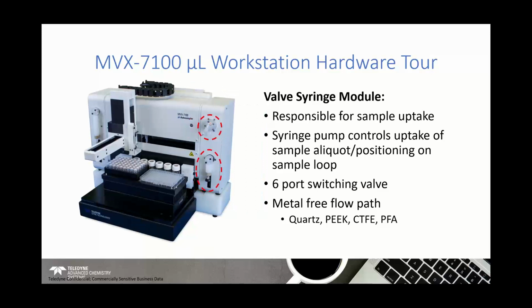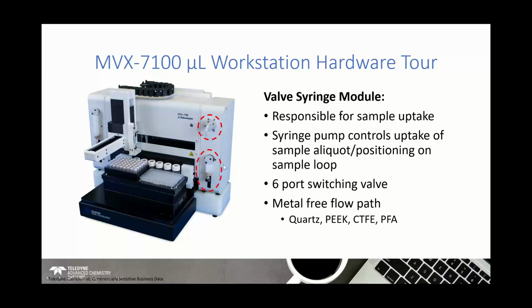Connected to this automation, we have 2 syringe pump modules. One of them is what we call the valve syringe module, and this is responsible for taking up a sample for sample introduction. So we've got a short half-height PSD4 syringe pump with a syringe at the bottom here, and then above that is a 6-port switching valve.